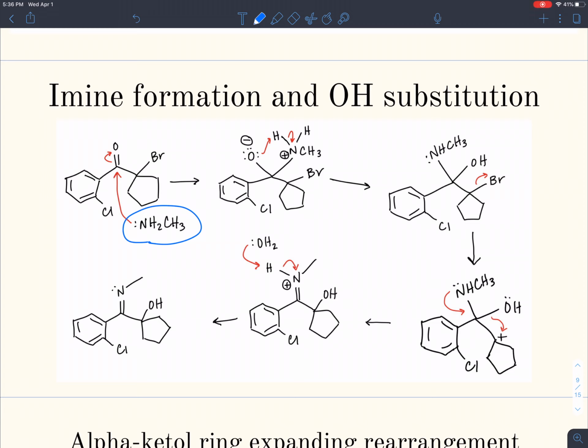Okay, so for this, we have seen this before. We generally know how this works as well. The primary amine is going to have a nucleophilic attack on that carbon of the carbonyl, pushing those electrons up onto oxygen. There's going to be a little intramolecular proton shift. This can also be done with an acid catalyst, but nothing too acidic, because our methylamine can also grab another proton from solution, and in which case it would no longer be a very good nucleophile.